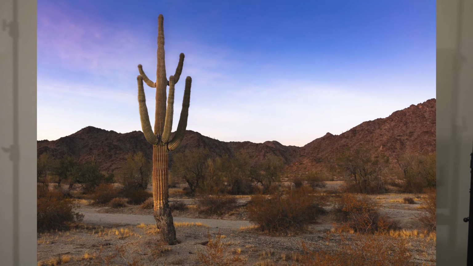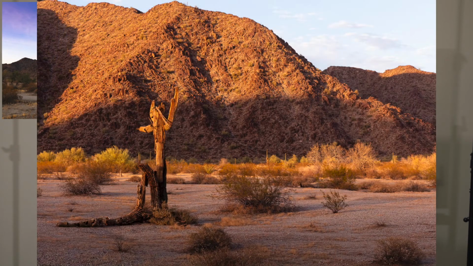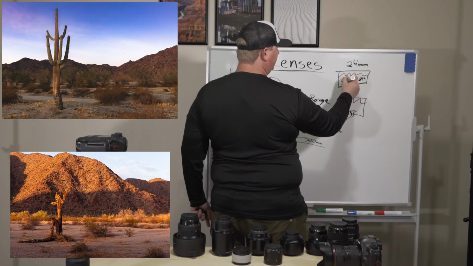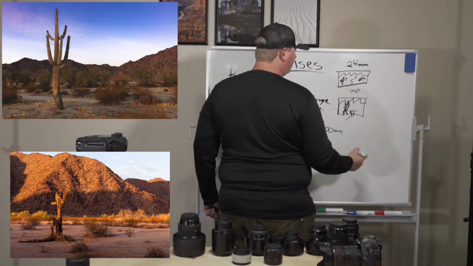But then as you go to like 70 millimeters, you still have the same frame, but now these mountains are coming in much closer, and this tree is much closer, and this river is sneaking through here out of the frame. So you're going from having these little tiny trees and these mountains really far away, to now they're a lot closer.